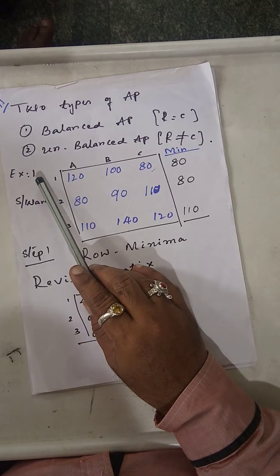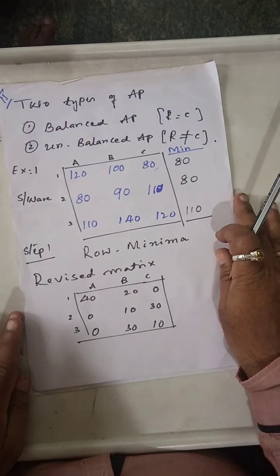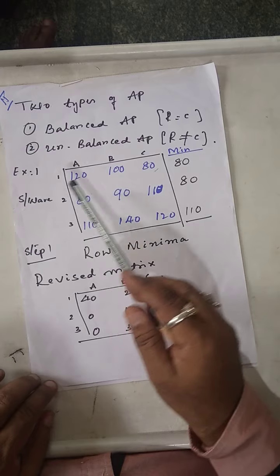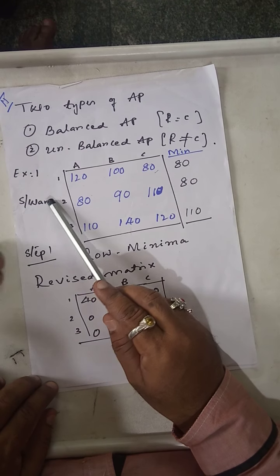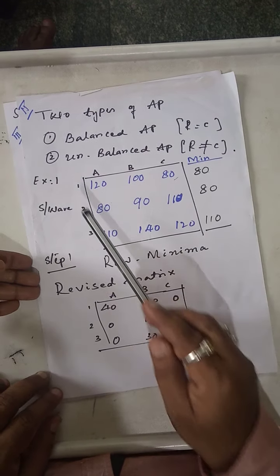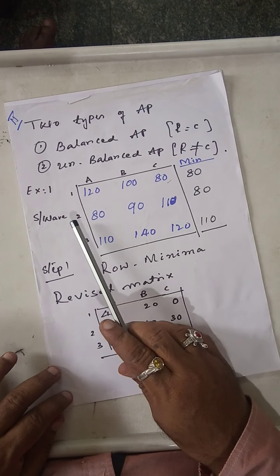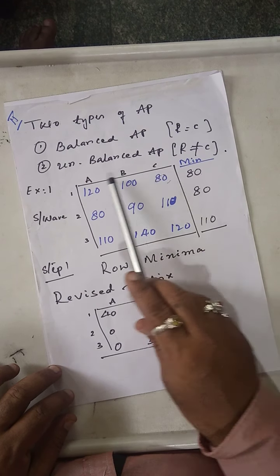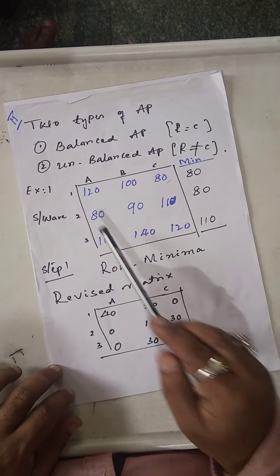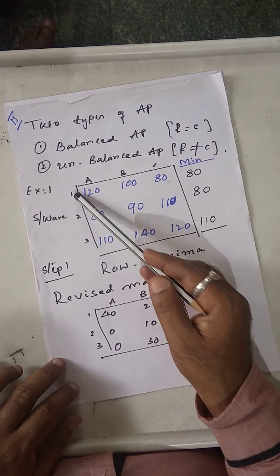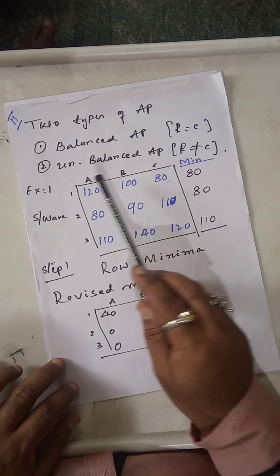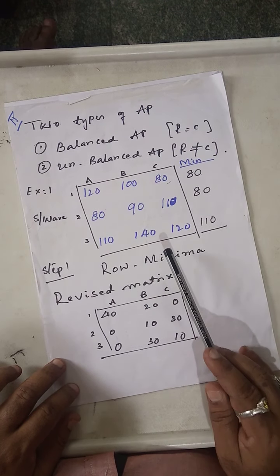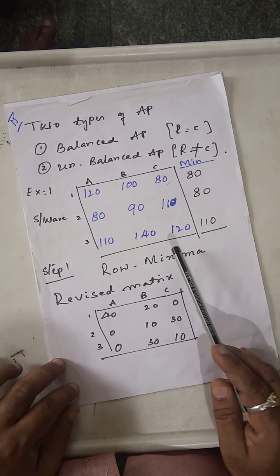Here is an example which deals with resource allocations with regard to the software developed by three different software programmers or experts. It says that there are three different software programs to be developed by three different programmers or engineers.